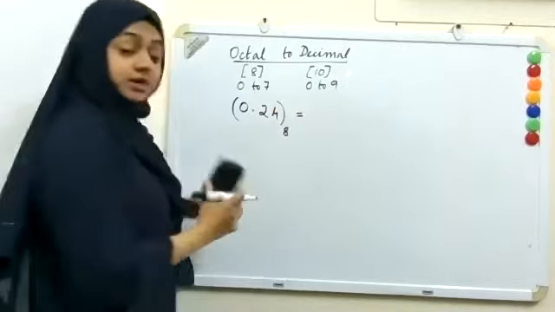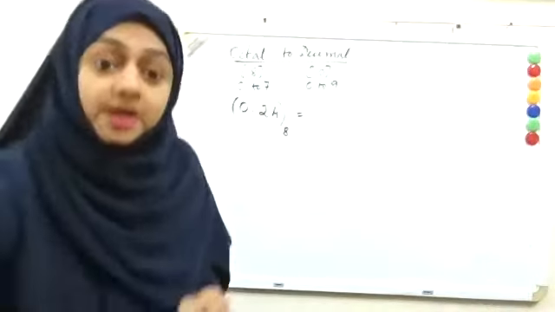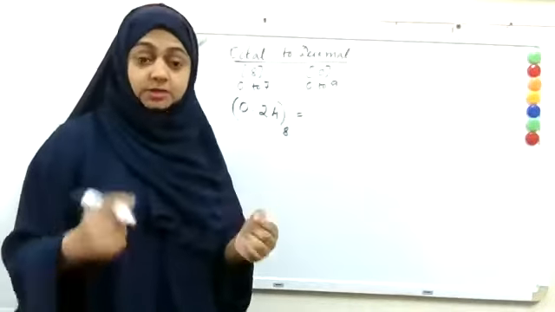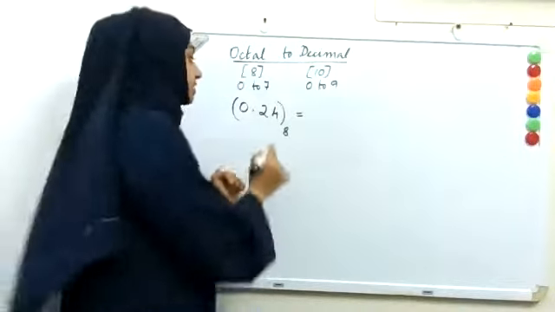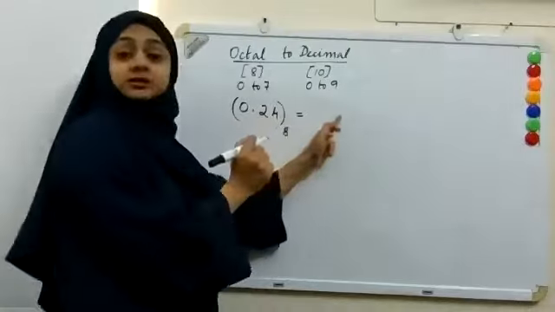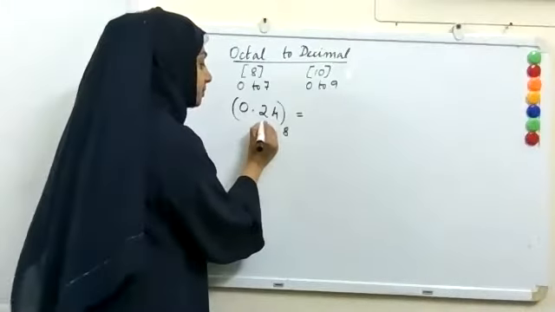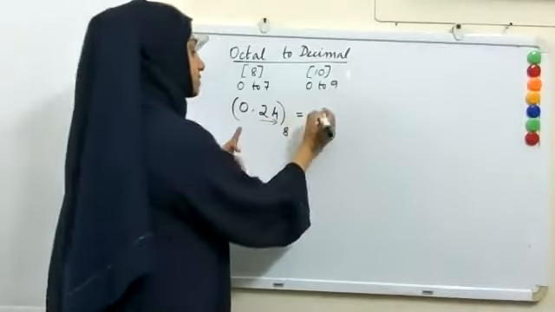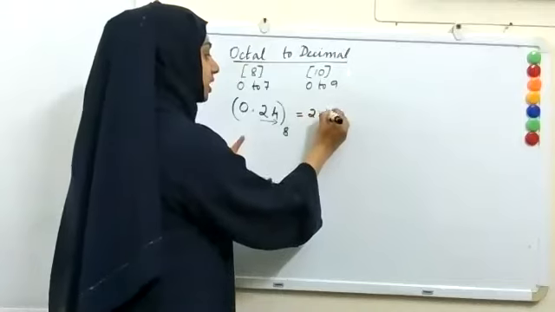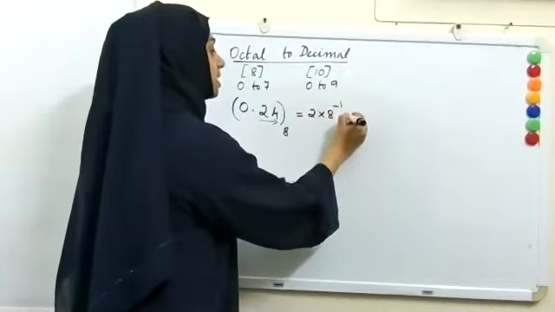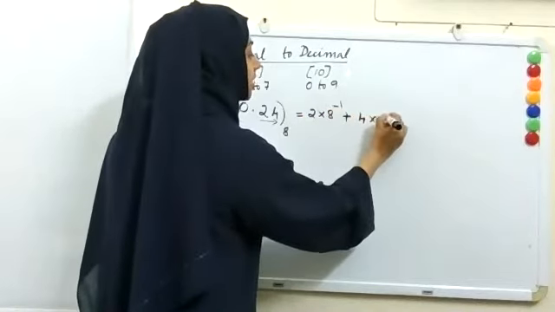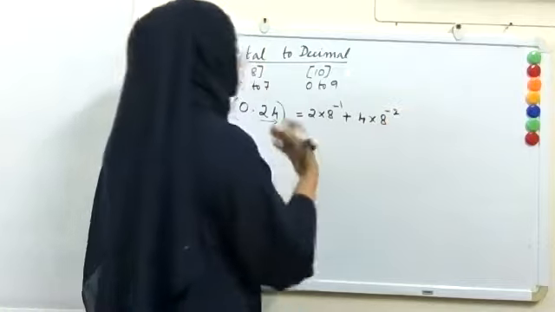When we convert, again we have to multiply with powers of 8, but negative powers of 8, and we start from this direction and go outward. So you will start with 2 into 8 raised to minus 1 plus 4 into 8 raised to minus 2, like that.